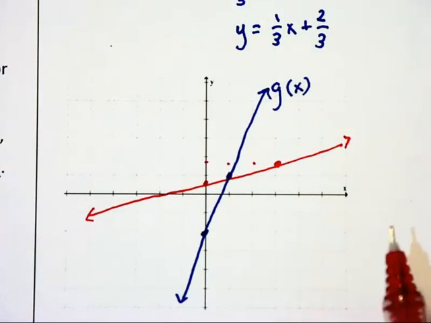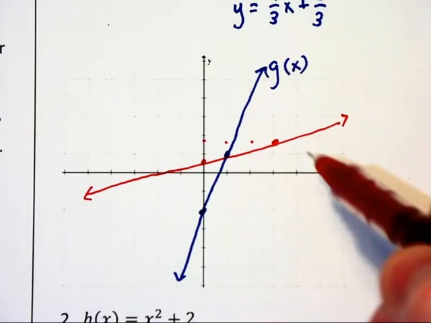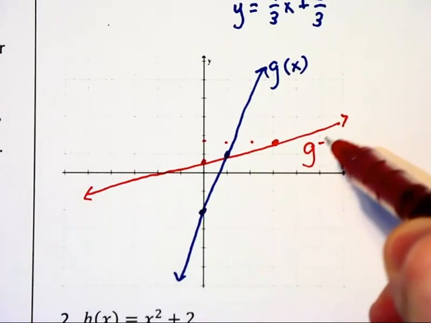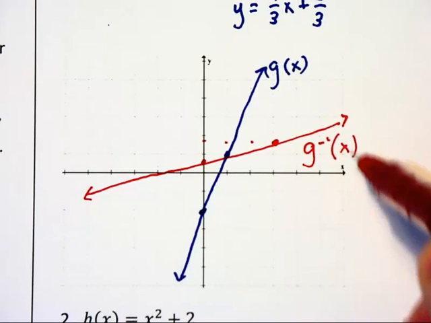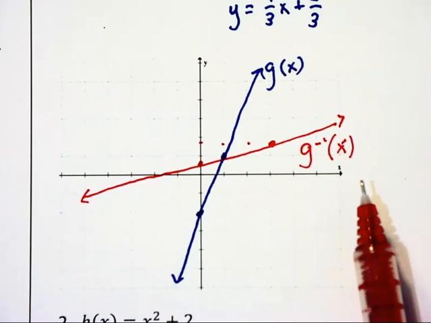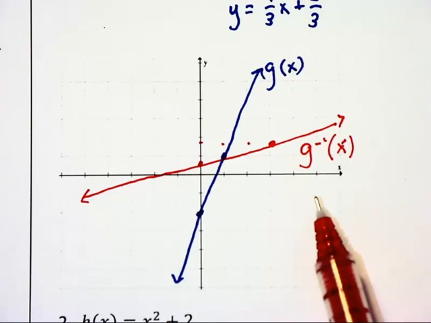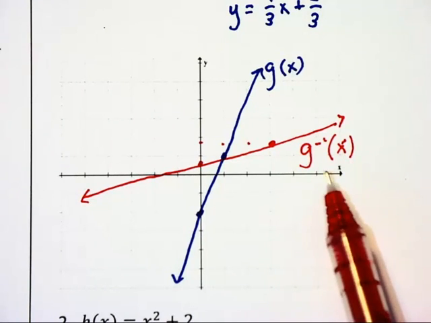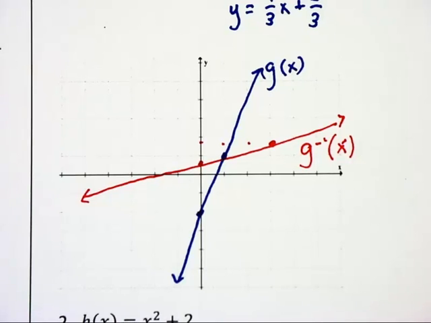Since its inverse is also a function, we can actually give it the title g inverse of x. I know it looks like a negative first power, and that's what it is, but it has nothing to do with negative exponents. It's just the notation that we use here to represent the inverse of a function that is also a function.